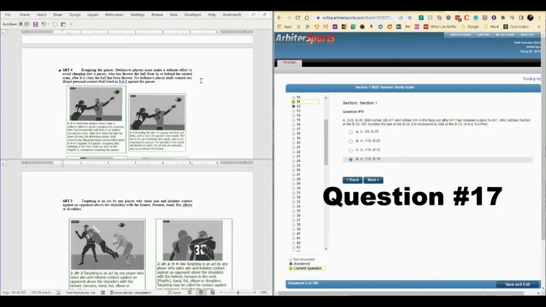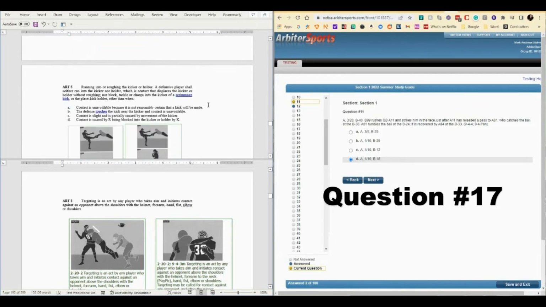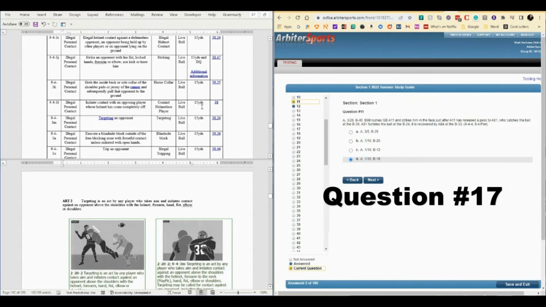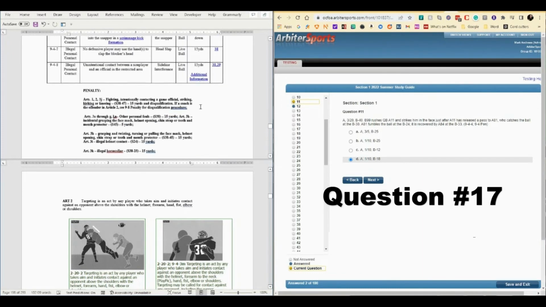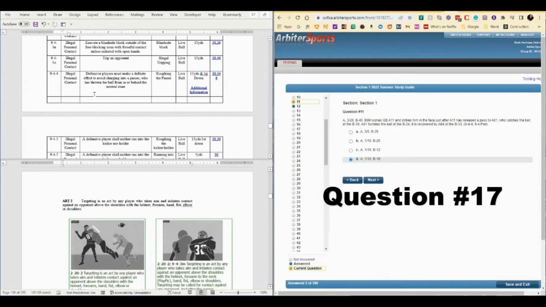So, those are the 4 fouls. And in addition to that, roughing the passer has a special enforcement rule. And so if we go down to the penalty table here, there it is. Defensive players must make an effort to avoid charging into a passer who has thrown the ball from in or behind his neutral zone.